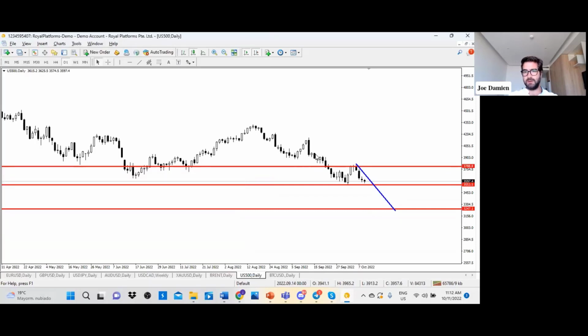Bearish impulsive wave, correction, bearish impulsive wave, correction. The market is now in a new bearish impulsive wave to the downside. Where will this bearish impulsive wave end? I used the previous bearish impulsive wave as an AB.